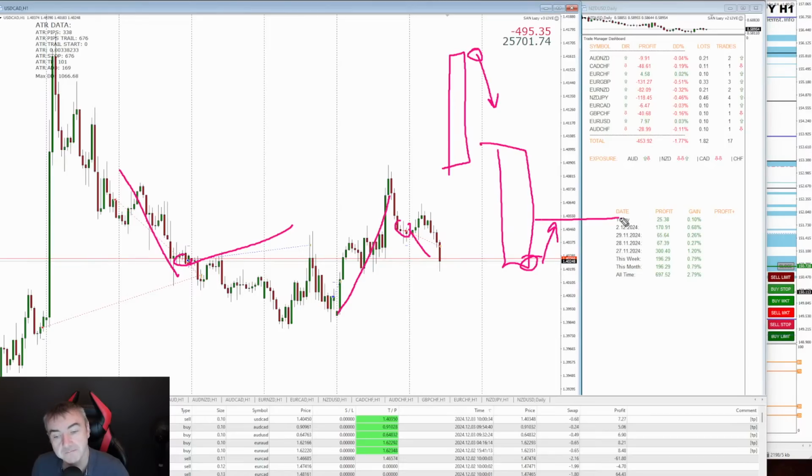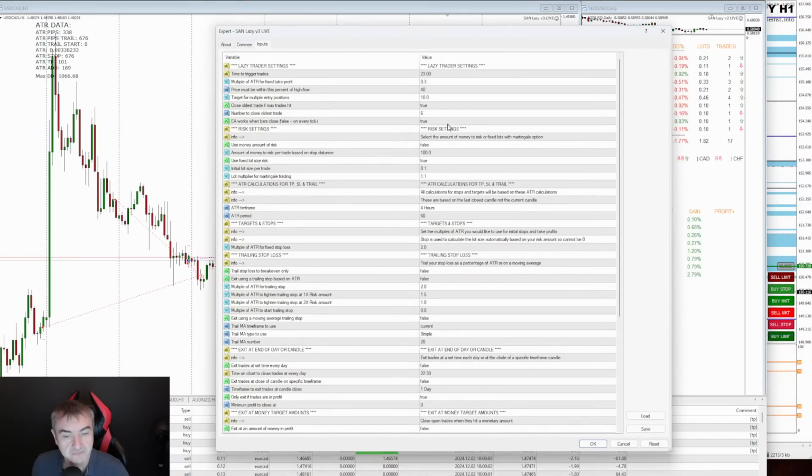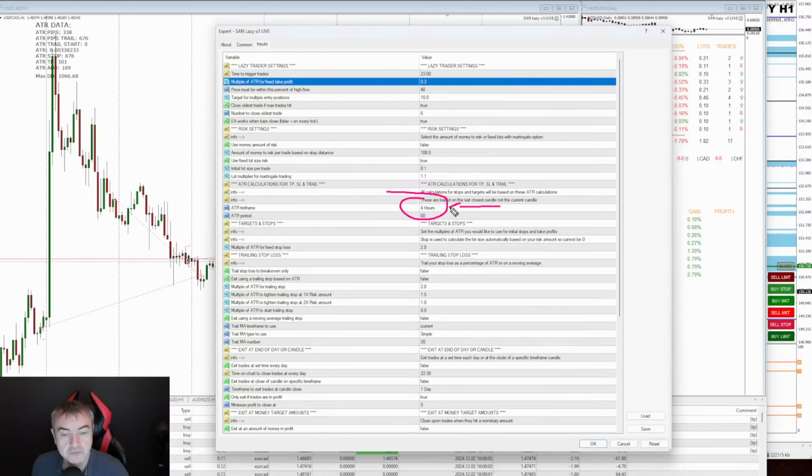And the target is 1/3 of the ATR. In this case, what we're testing is ATR on the 4-hour time frame. So it's the 4-hour ATR 60, and we're targeting 1/3 of the 4-hour ATR 60. Whatever the average true range on the 4-hour chart is, we're targeting 1/3 of that.